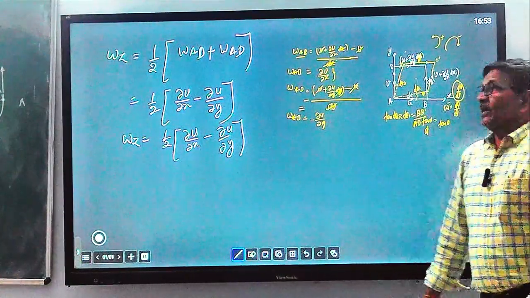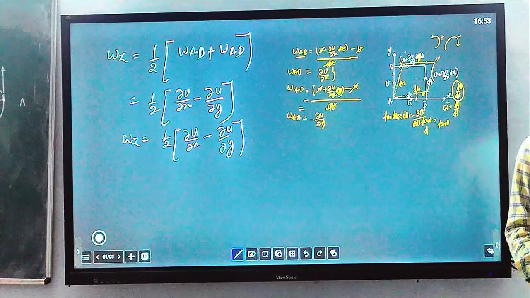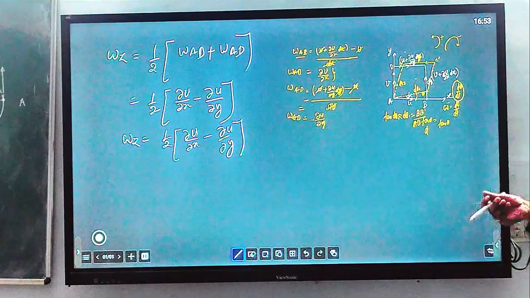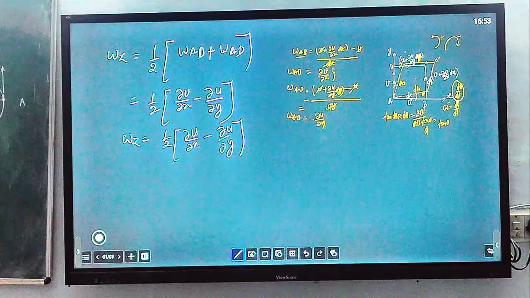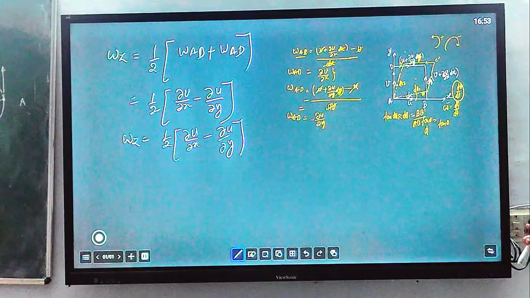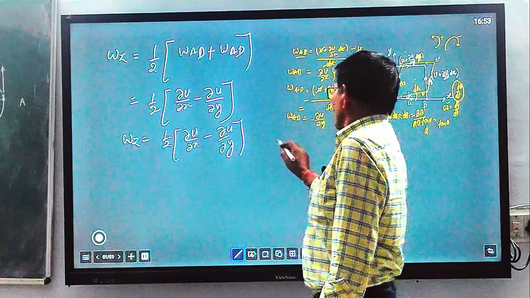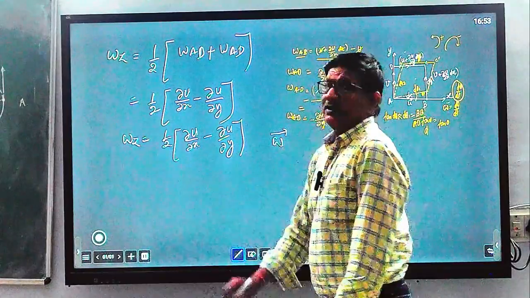Similarly, because we have taken the fluid element in the xy plane, the same you can apply for the xz plane and yz plane. So it is better to define the whole thing, because we know this is a vector quantity.